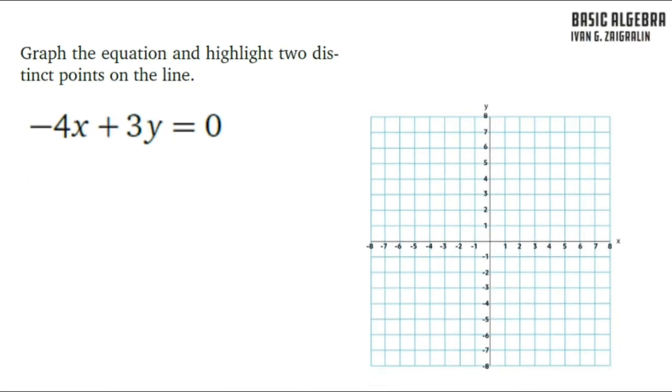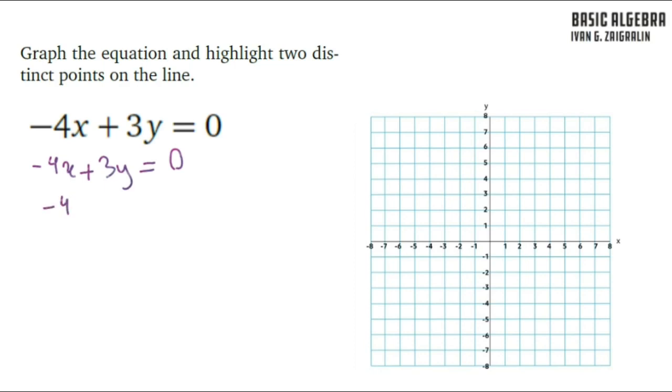The next equation, negative 4x plus 3y equals 0, and we should solve this equation for y first. Negative 4x plus 3y equals 0, and we should eliminate negative 4x on the left side, so we add 4x to each side.